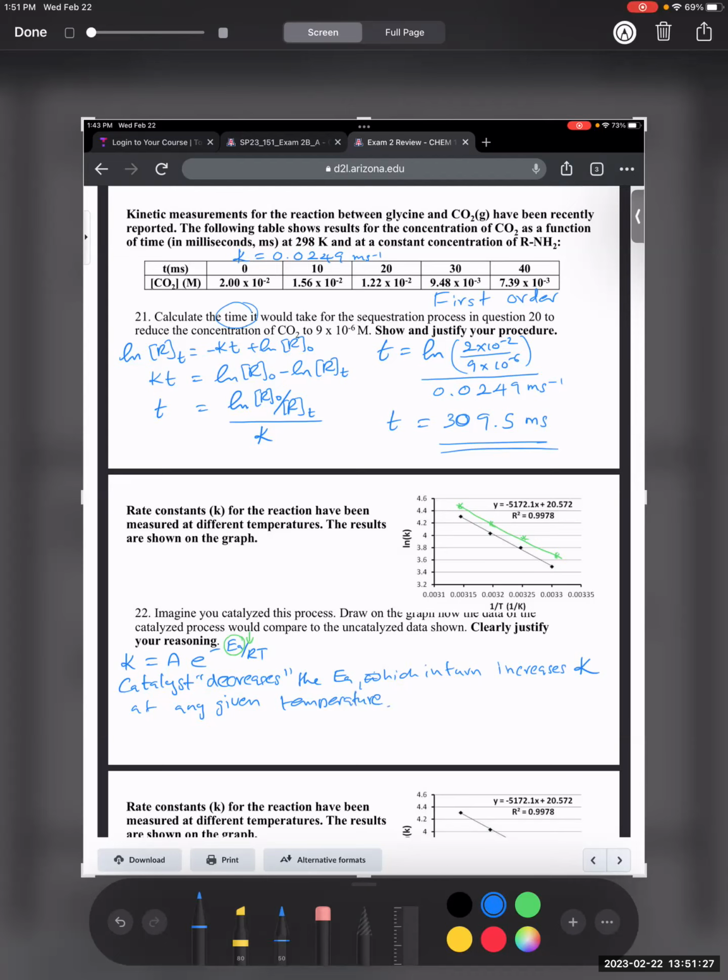As a result of that, K increases. Therefore, K is higher at a given temperature compared to the uncatalyzed reaction.